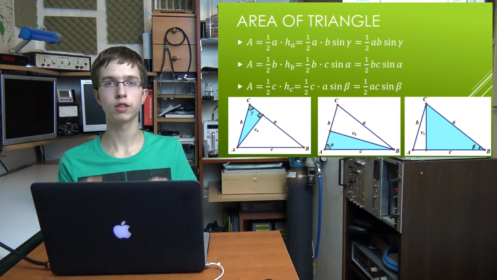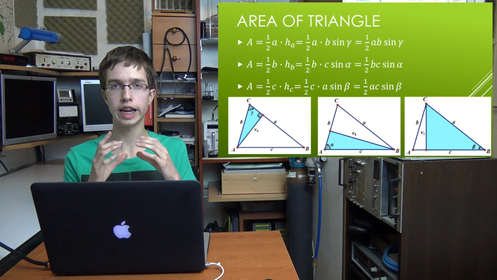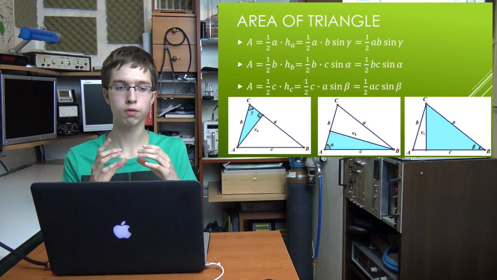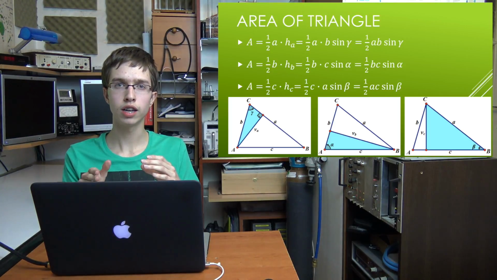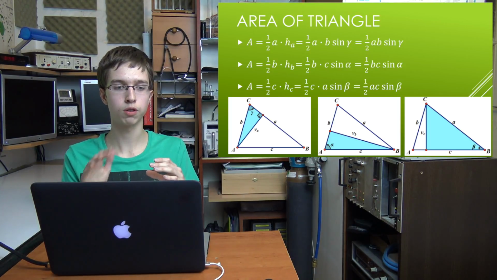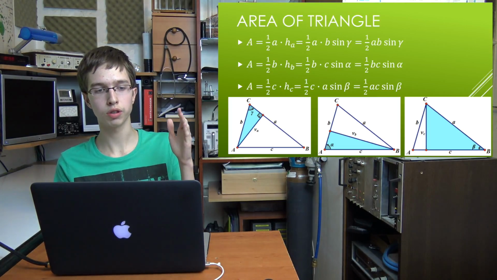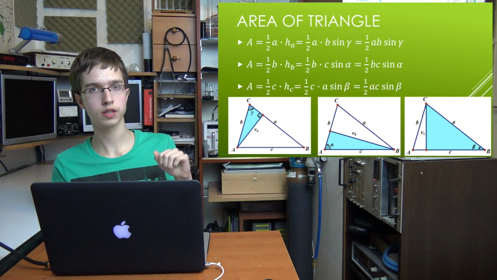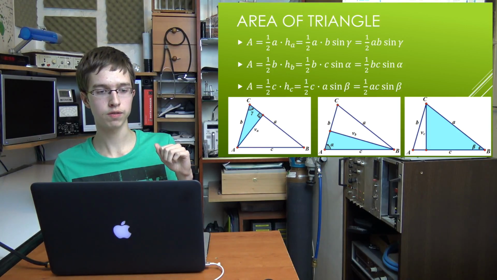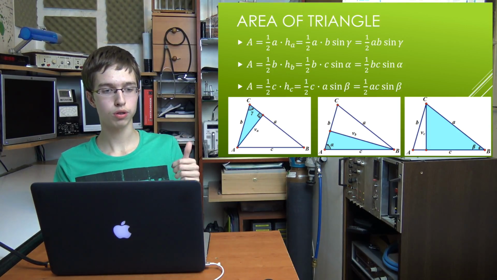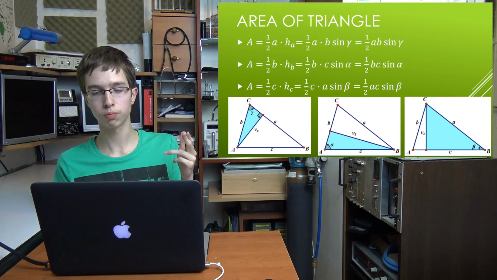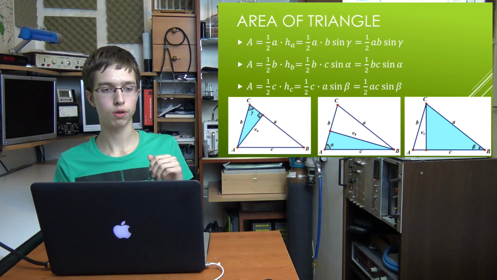We know that the basic formula for the area of a triangle is 1/2 of some side of the triangle times the height on that side. For example, 1/2 of A times the height on A, which is in this first picture on the left-hand side. And here are also two more formulas for the area of a triangle in these two more pictures.